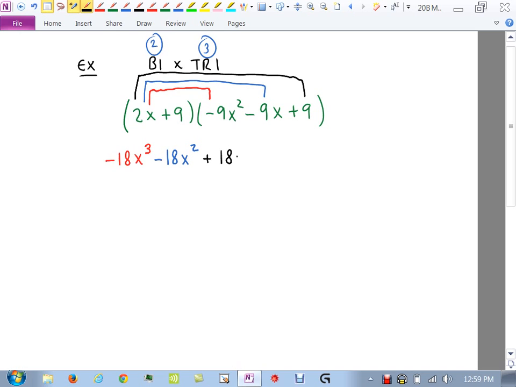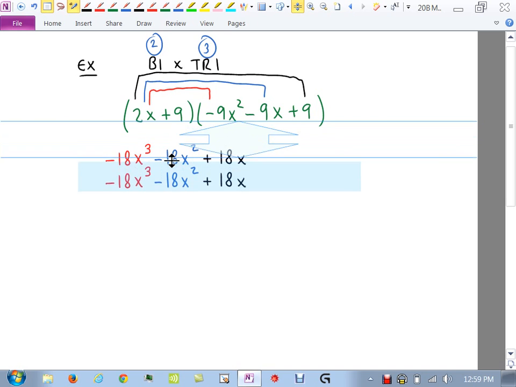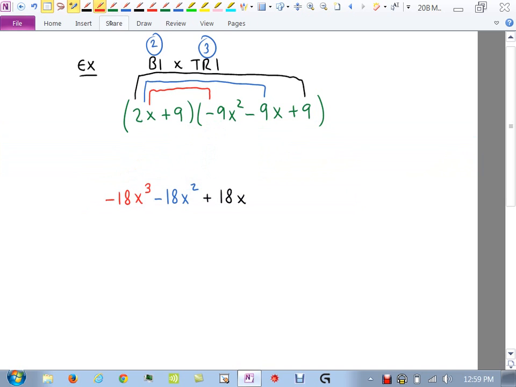Plus 18x. Is everyone comfortable with that? The 2x going through to each one. Okay, am I done? No, now I need to pass what through? The 9. So I'll do it like this, 9, then 9 is going to go here, and then 9 is going to go here.